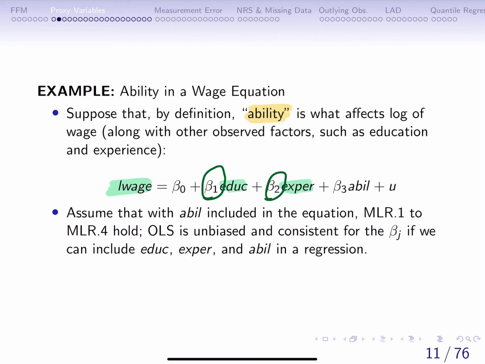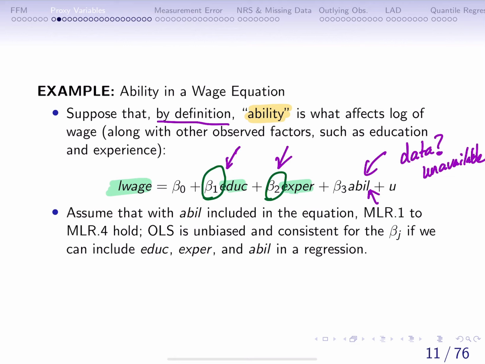Since by definition ability is something that we can't measure very easily, we're going to have some sort of data problem because the data on ability is unavailable. So in this case, we're going to see how we can employ proxy variables, proxies for ability, to estimate beta 1 and beta 2 correctly.